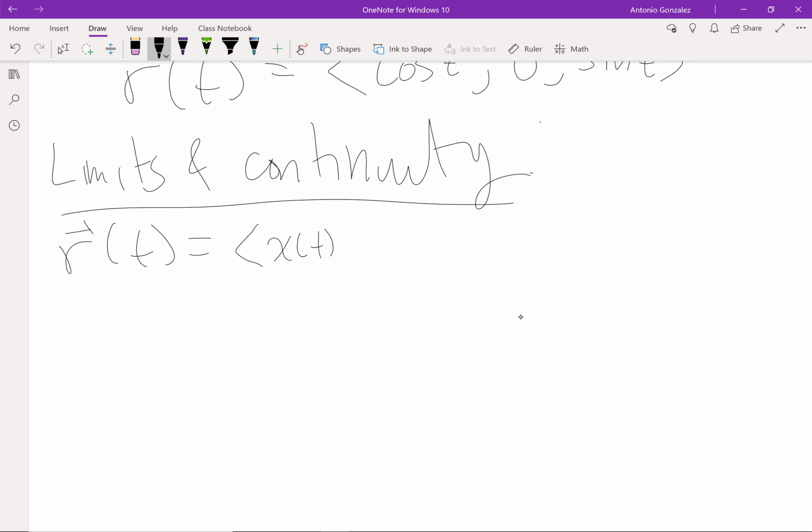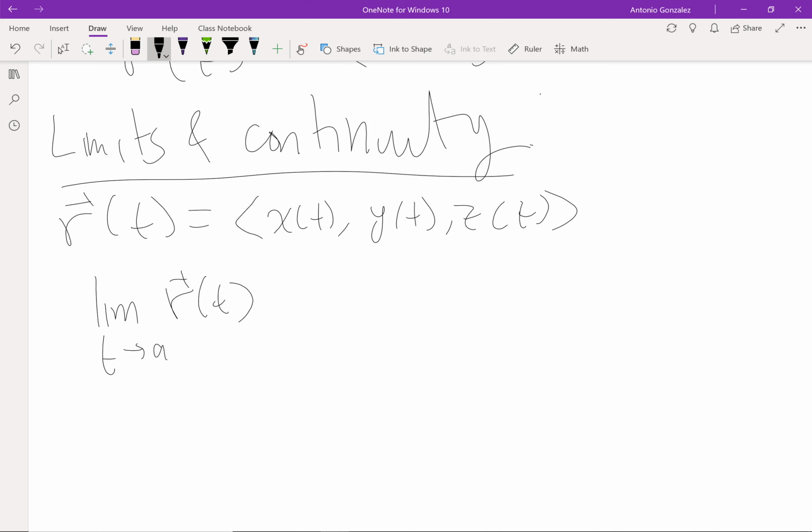Okay, so what does it mean to say something like this, the limit as t approaches a of r of t? Now in this case here, it is based on the parameter t, not a particular point, but the parameter.